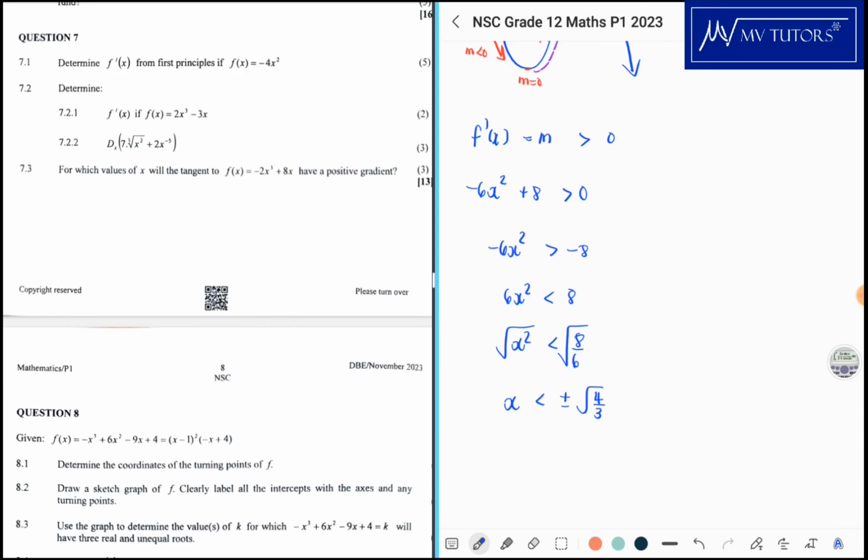All right, but because we have a plus and a minus, x will be in between those values, because x can't be smaller than root 4 over 3 and also be smaller than negative root 4 over 3. So basically x is going to be in the center. Okay, so we have negative root 4 over 3 and positive root 4 over 3.